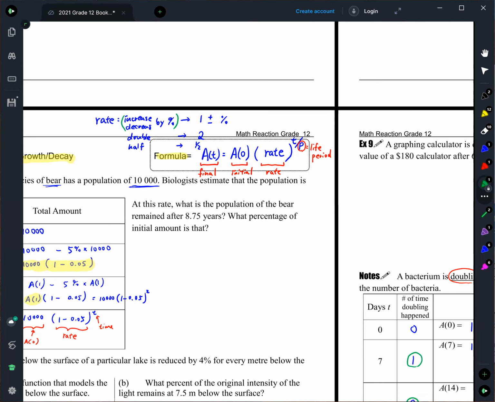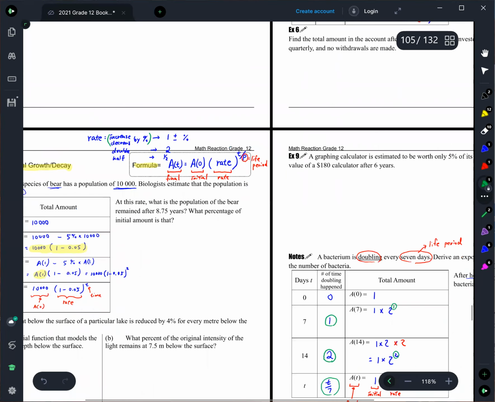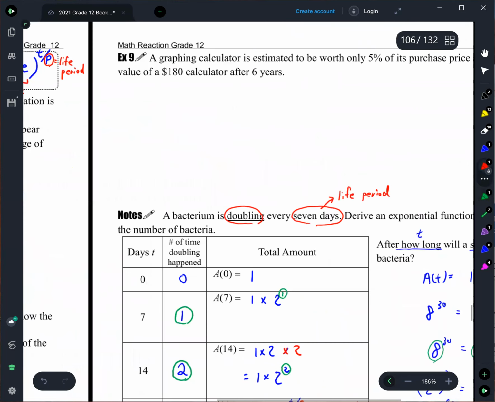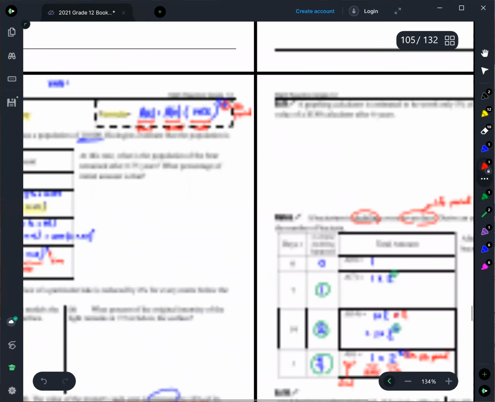And then the period, right? 7 days, you can call that the double life or the half life, okay? So that's why I call it the life period. So if you look at the question before, this is called the double life. Then they will say it has a double life of 7 days, okay?